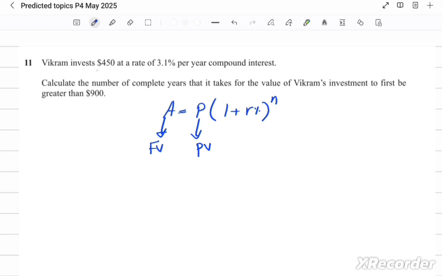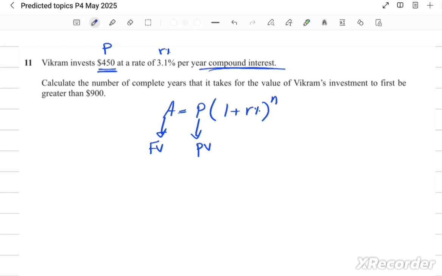Vikram invests 450 at a rate of 3.1%. So this is the principal, or the present value, P, and this is the rate, R%, per compound interest.